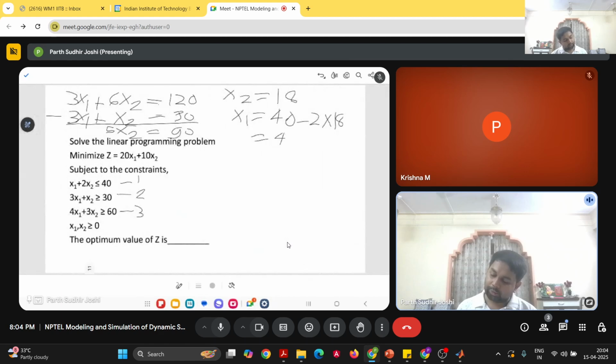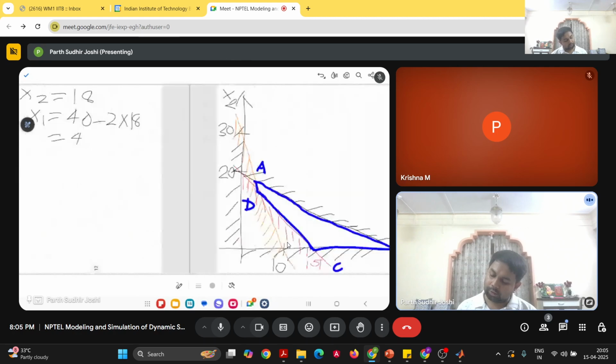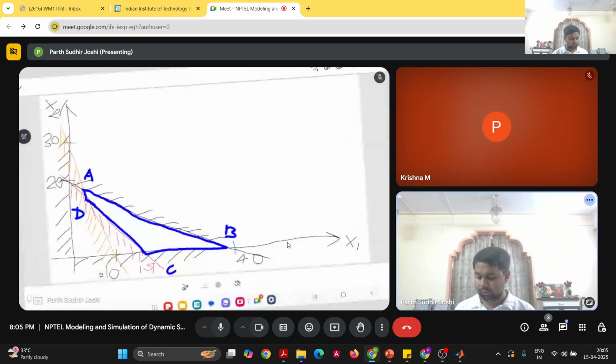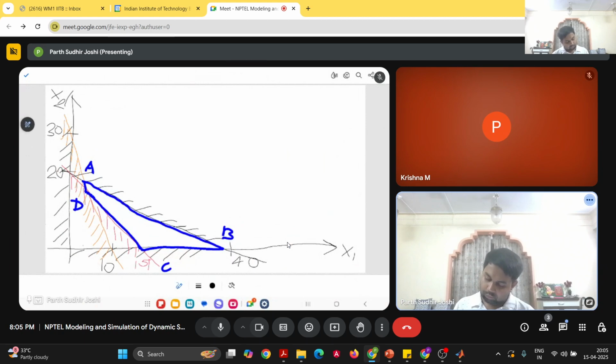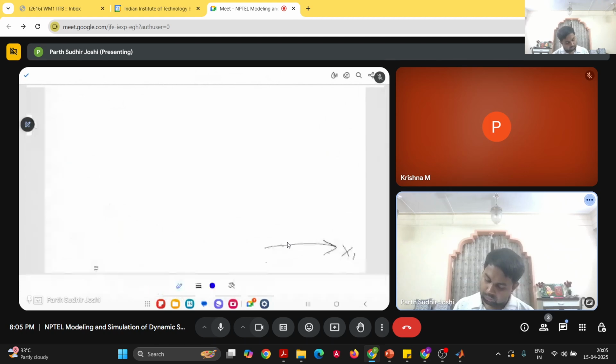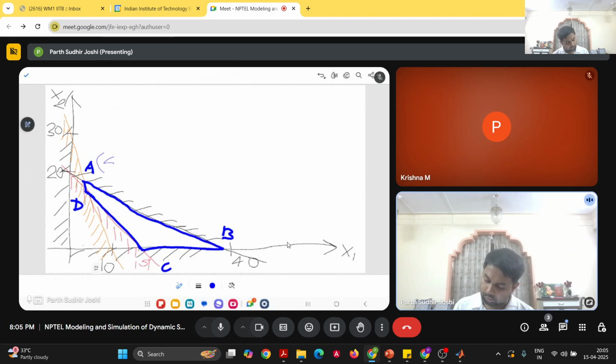So the intersection between the first line and the second line, basically the black line and the orange line, is 4 comma 18. Then for B the coordinates are straightforward, it is 40 comma 0, and for C as well it is straightforward, 15 comma 0.